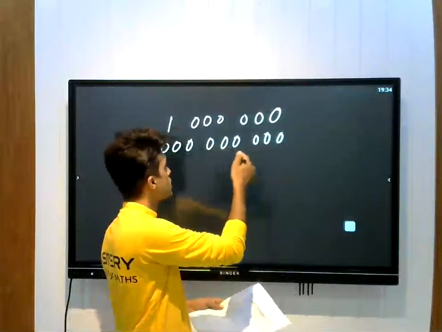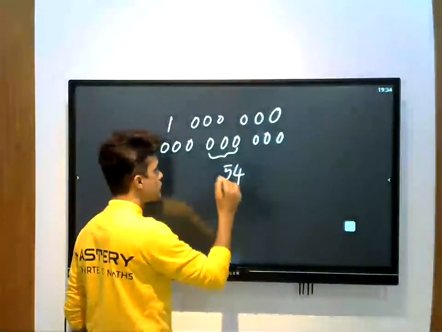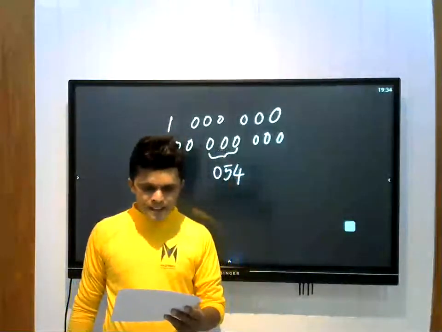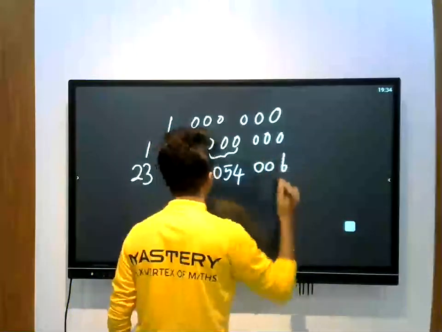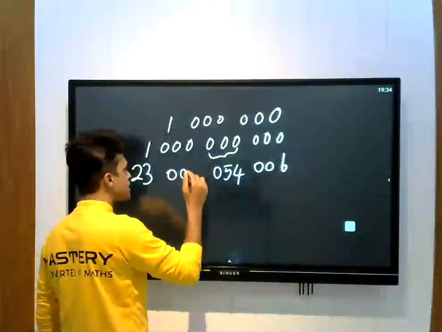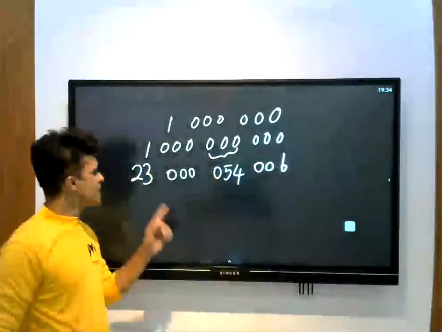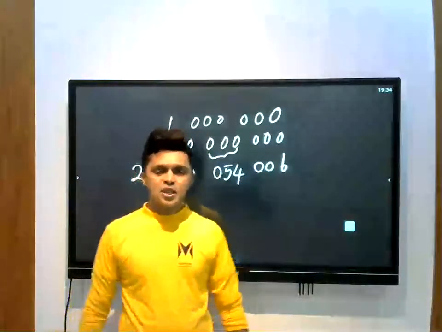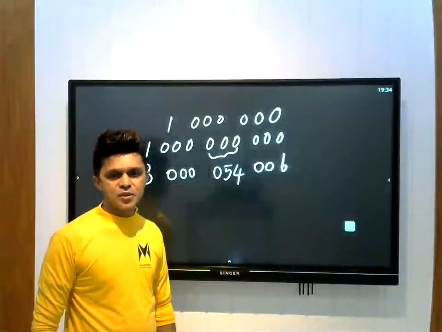So this is 54,000, and then 6, 54,006. You need to write these three zeros as well. So the answer is 23 billion 54,006.